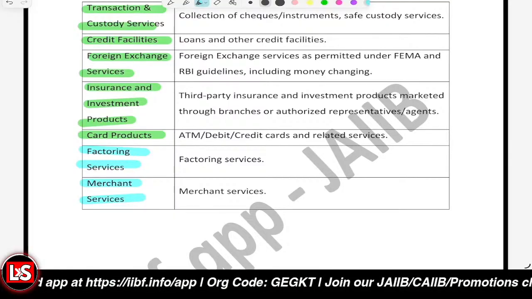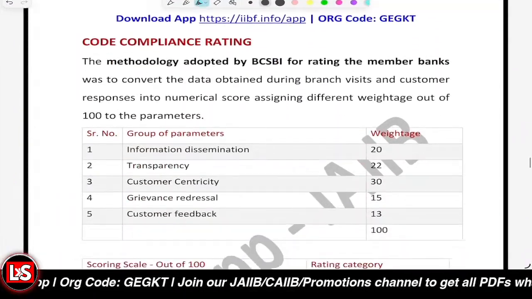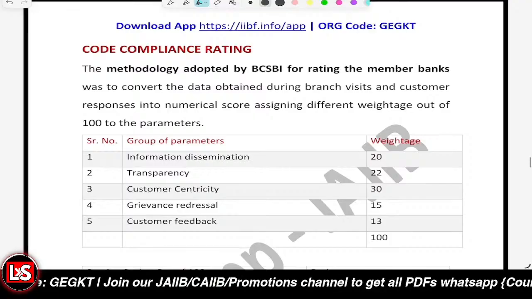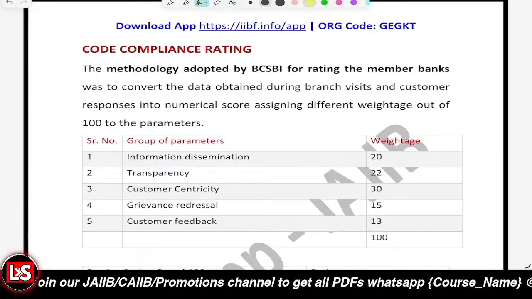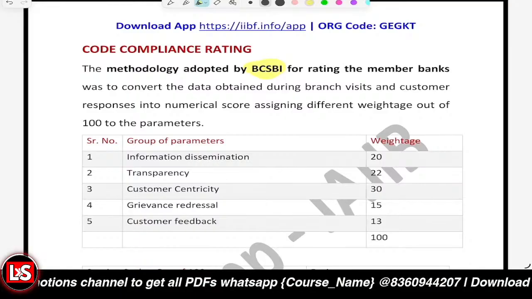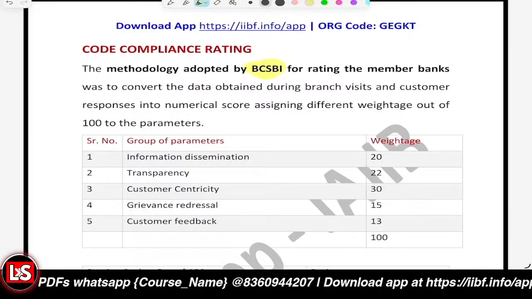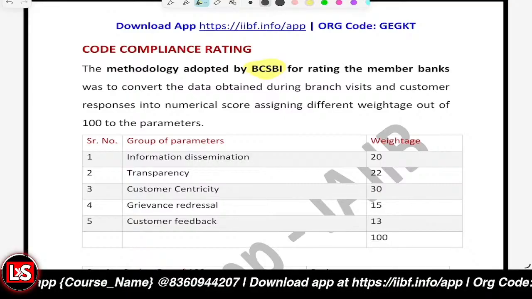Now, after that, it's about the code compliance rating. BCSBI actually adopted a rating methodology so as to evaluate how effectively the member banks are complying with the Code of Bank's Commitment to the Customers, right?